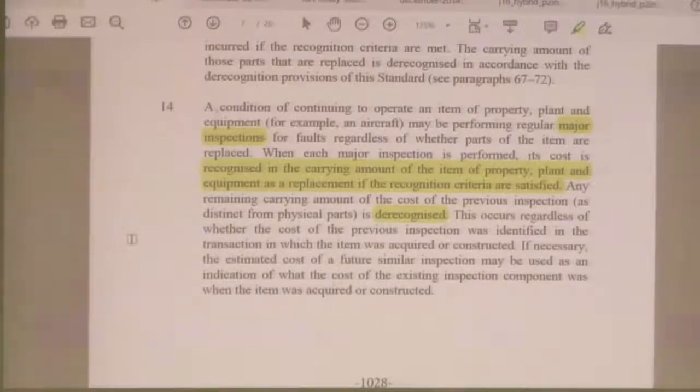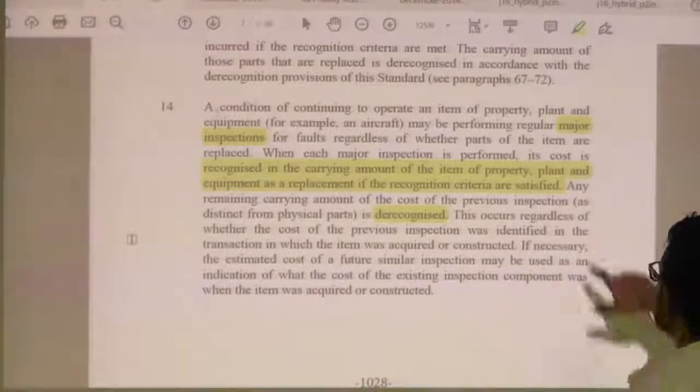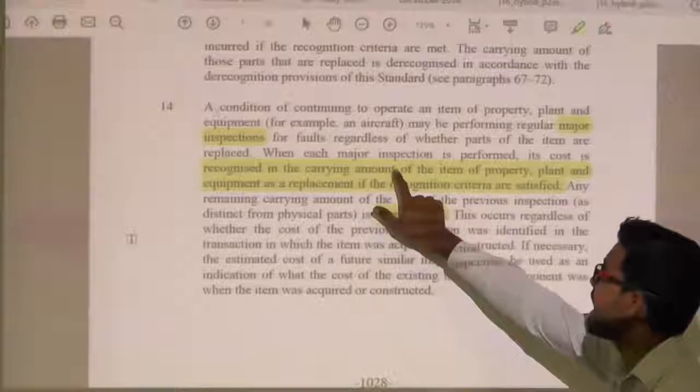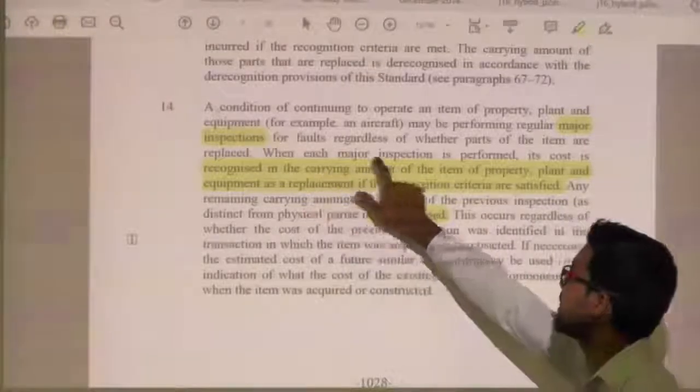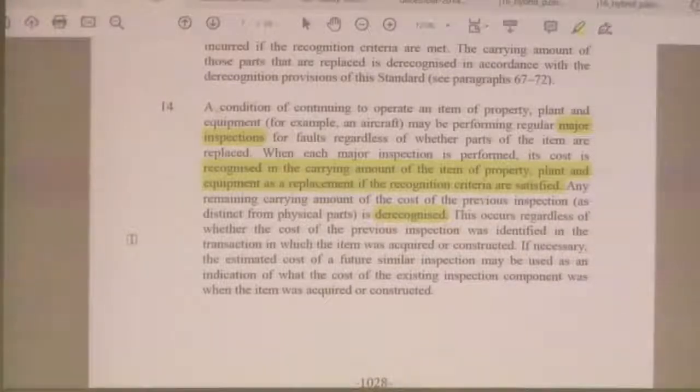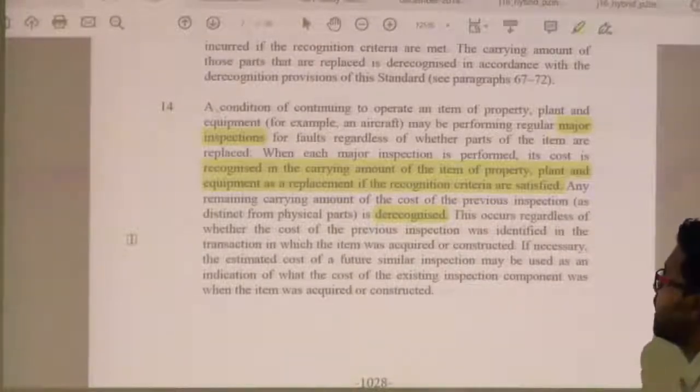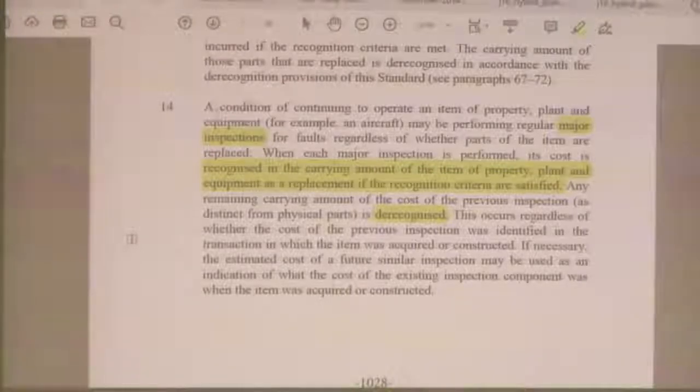For the faults regarding whether parts of the items are replaced, when a major inspection is performed, its cost is recognized in the carrying amount of property, plant and equipment. I have clearly highlighted: recognized in the carrying amount of that item of property, plant and equipment as a replacement if the recognition criteria are satisfied, right? Fine. Read further. Any remaining carrying amount of the cost of the previous inspection is derecognized. I will explain; underline the word derecognized.